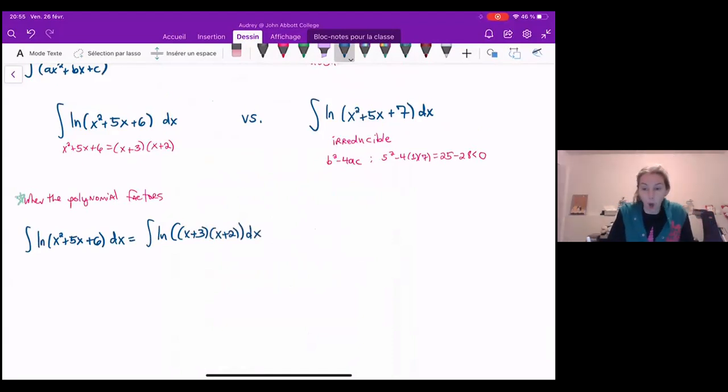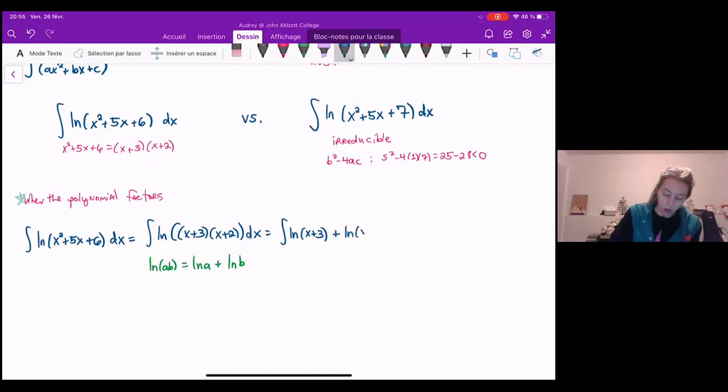Now, if you'll recall, we have a log rule that tells us that natural logs magically turn multiplication into addition. So ln of a times b is equal to ln of a plus ln of b. So if I apply this rule here, I end up with ln of x plus 3 plus ln of x plus 2, dx.